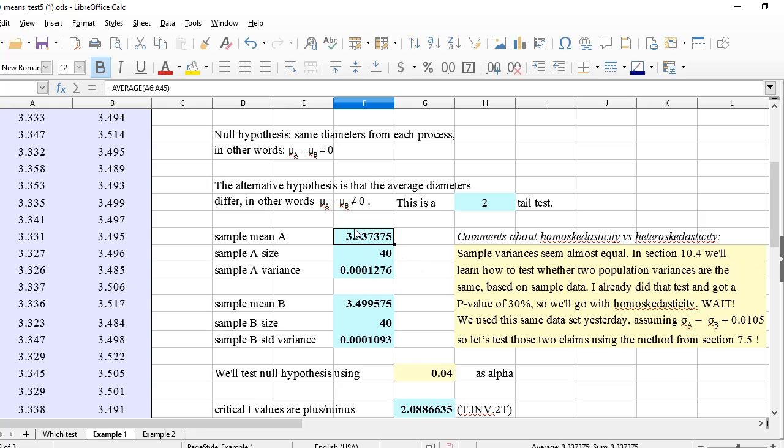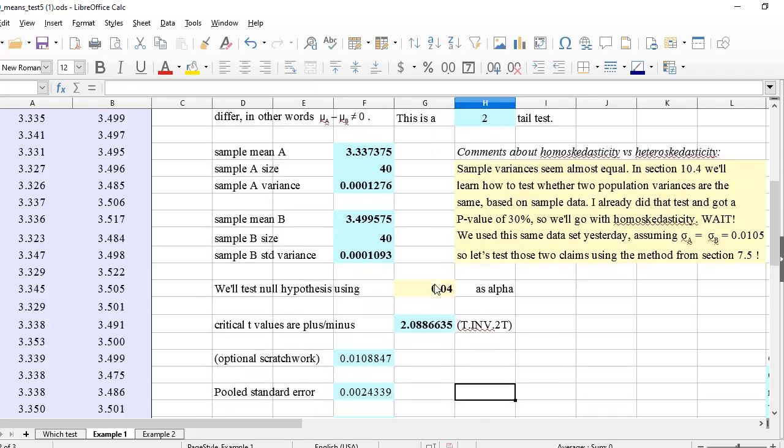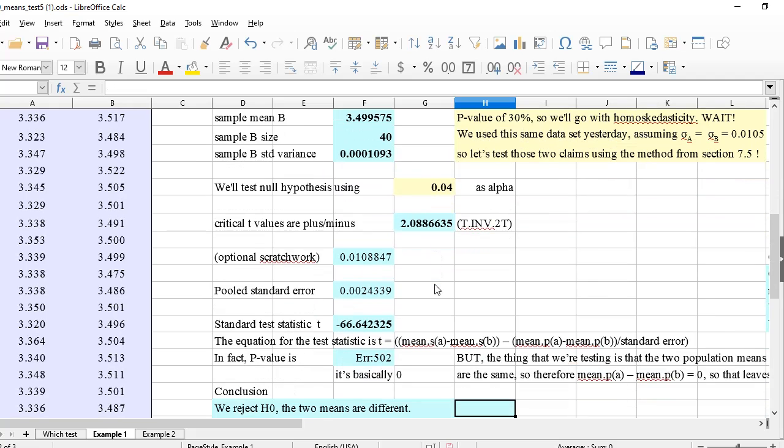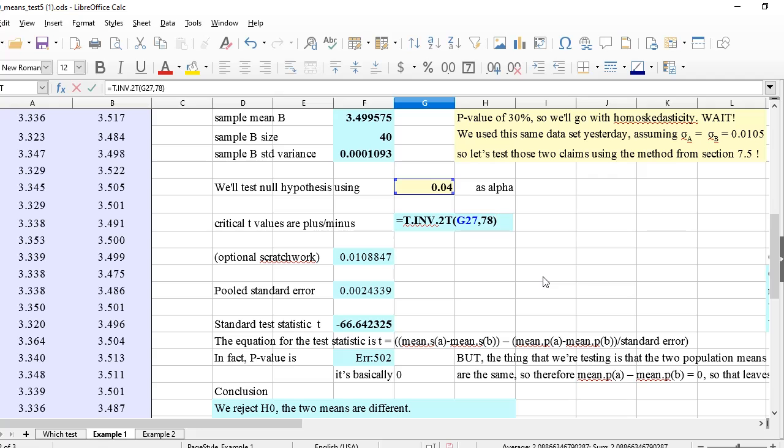So I use the average in order to get the sample mean of A. And then you can use the count function to find the sample size, which would be your n. And then the variance would be the var.s. Okay? And then previously we were given alpha of 4%. Okay. And finally, for our critical t value, what we're going to be using is t.inv.2t with our alpha, and then our degrees of freedom, which is 78.